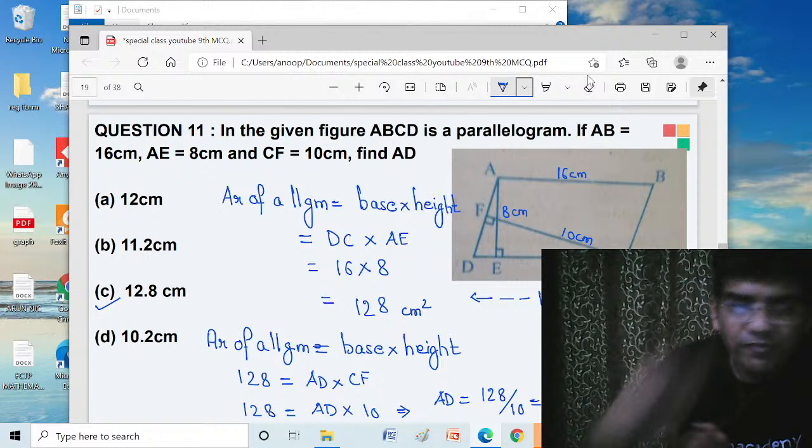Now we need to calculate the area, and we will be using Heron's formula. It goes like this: square root of S into S minus A, S minus B, and S minus C. This is the formula. So let's apply it.